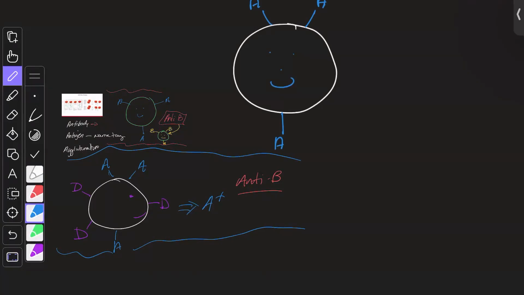And that's all he gets. This one would be A negative. This is an A negative individual, right? What kind of antibodies do I have here? I have anti-B.